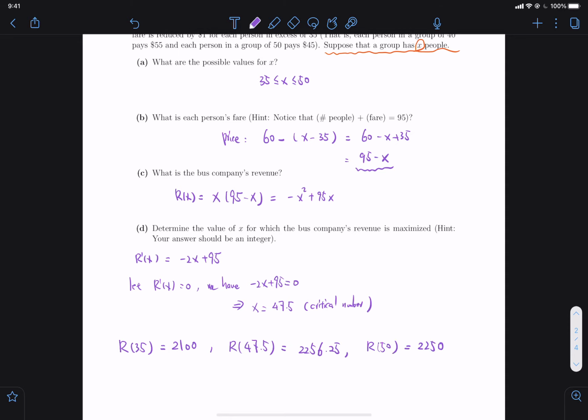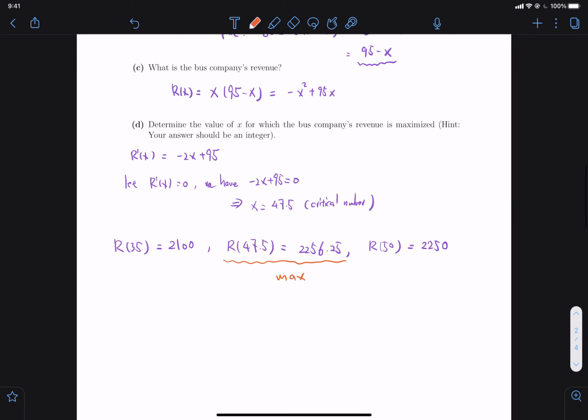Now we compare these values and see that the max value occurs here, and the min value occurs at 35, but we're not concerned about the minimum value. We're concerned with maximizing the revenue. So we have 47.5.